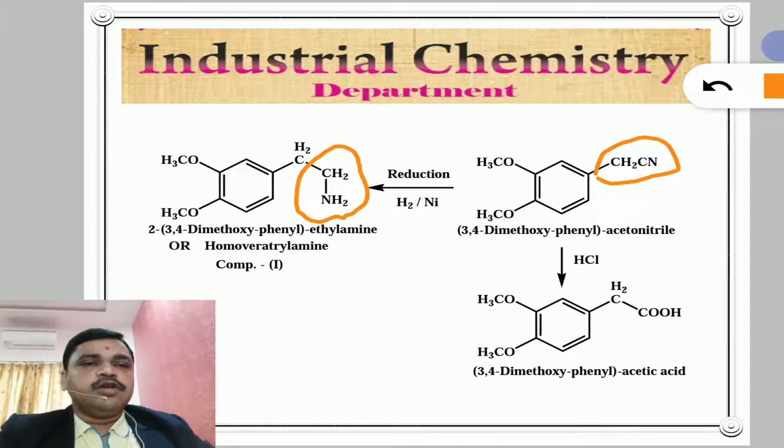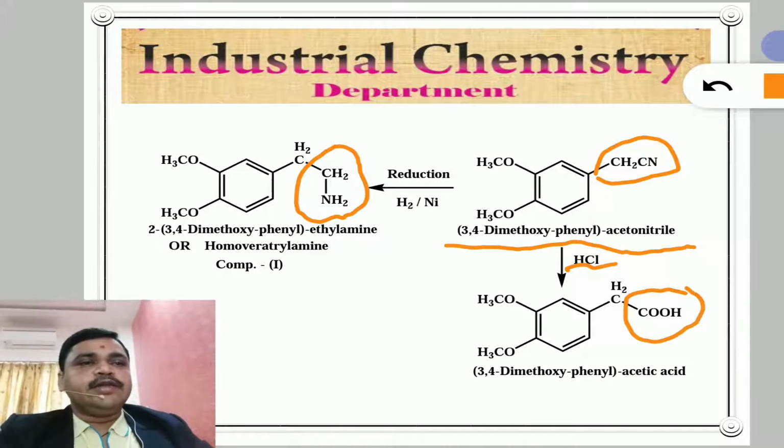Now we see the second route, treated with hydrochloric acid, HCl. So 3,4-dimethoxyphenyl acetonitrile is converted into 3,4-dimethoxyphenyl acetic acid. Here, see the CN is converted into COOH.